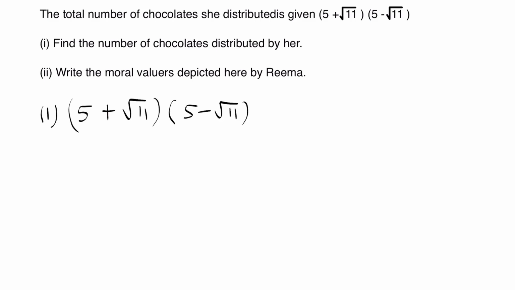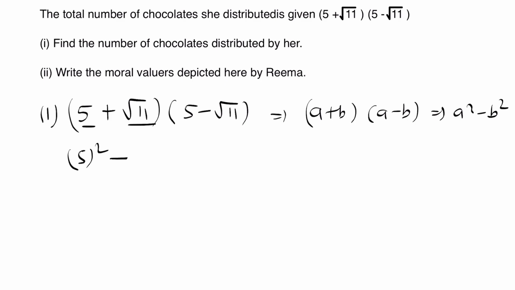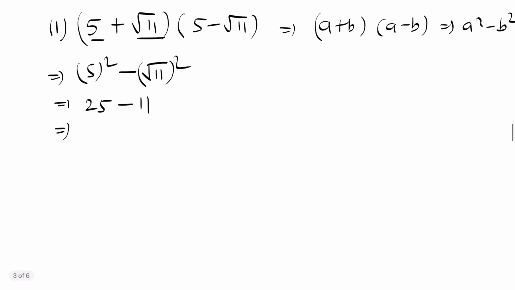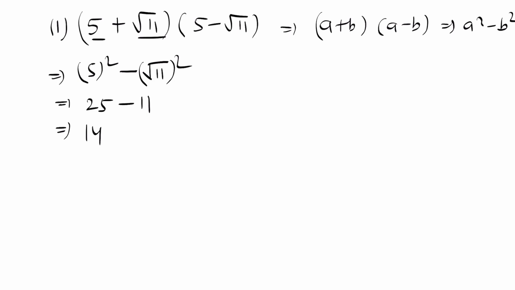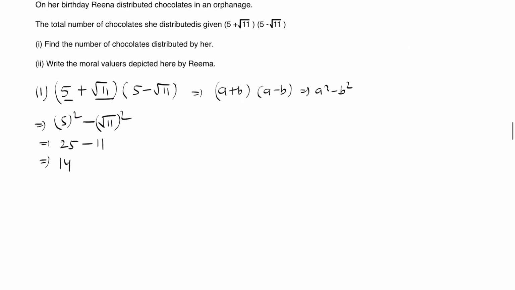By observing this, we can see this is of the form a plus b and a minus b, which is equals to a square minus b square. This is a, this is b. So a square minus b square, okay, which is equals to 25 minus 11, which is equals to 14. Okay, hence this is the number of chocolates she distributed.